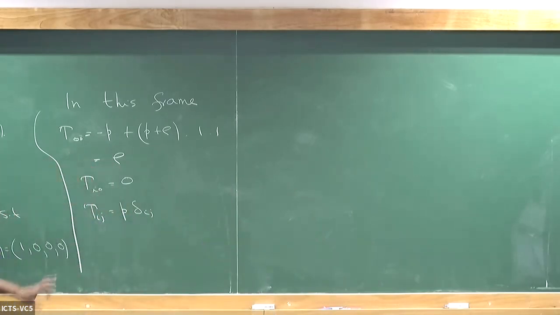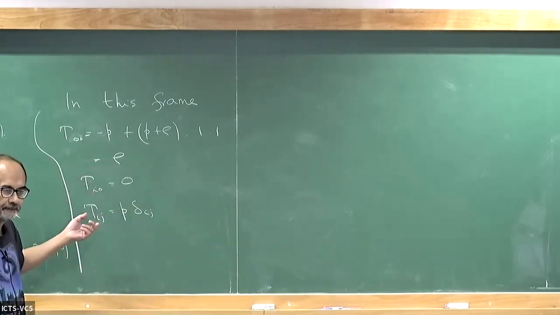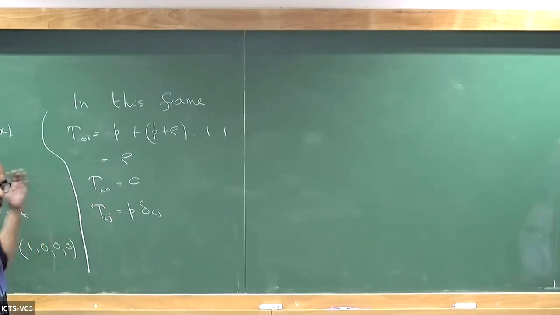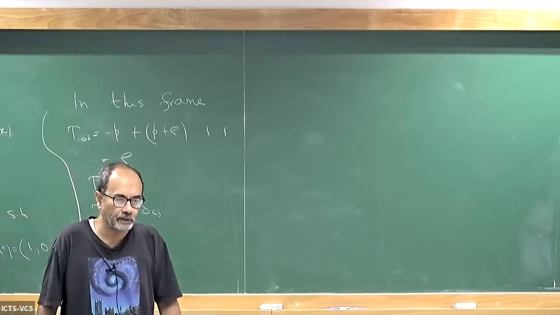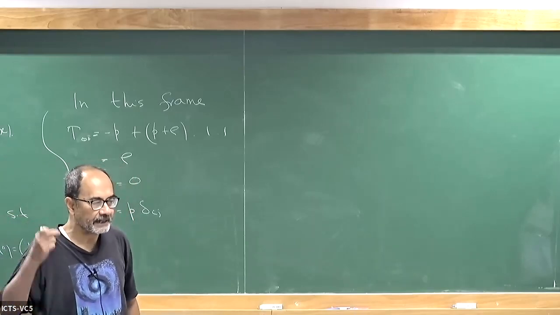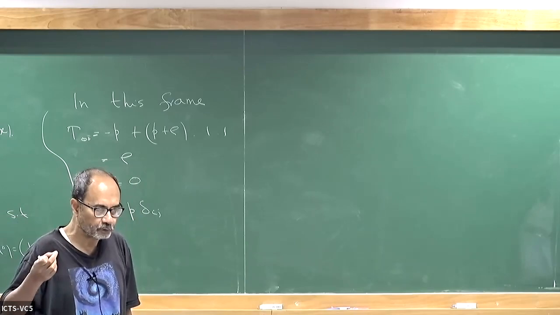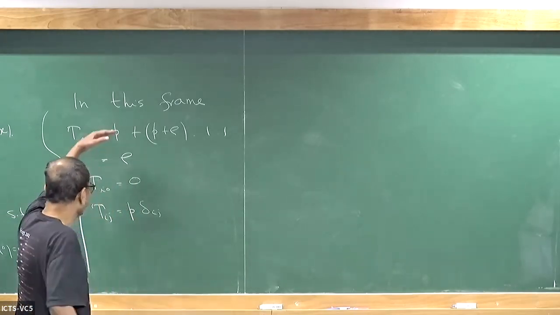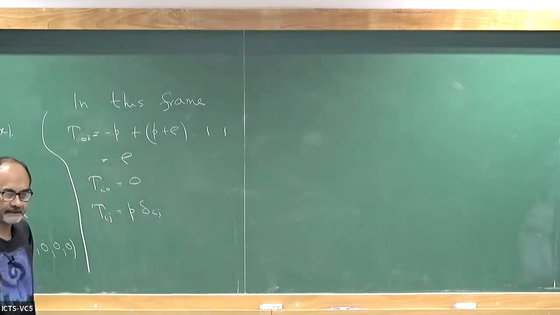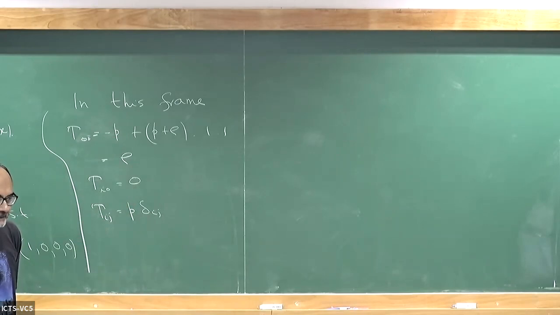Conversely, if this is true for every space-time point, then you can always go back to a general coordinate system and it should have a structure like this. So this structure of the energy momentum tensor is equivalent to demanding that at any point in space-time, you can find a coordinate system in which the energy momentum tensor looks like the standard energy momentum tensor of a fluid at rest.